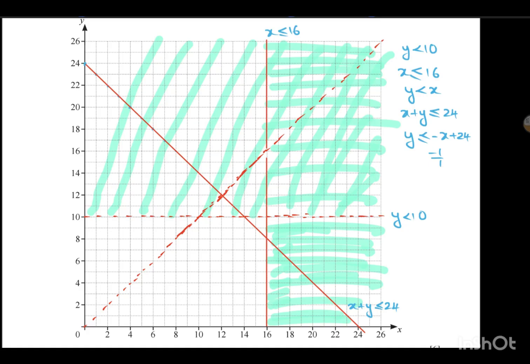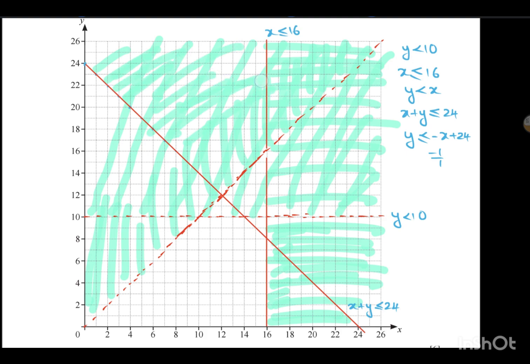Then y less than x will be below this line, so the unwanted should be above. Then next, x plus y less than or equal to 24 will be below this line, but we have to shade the unwanted region, so it is above.